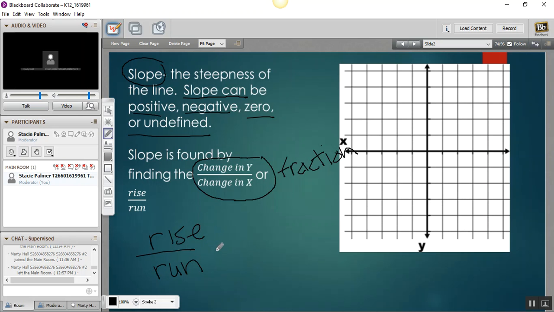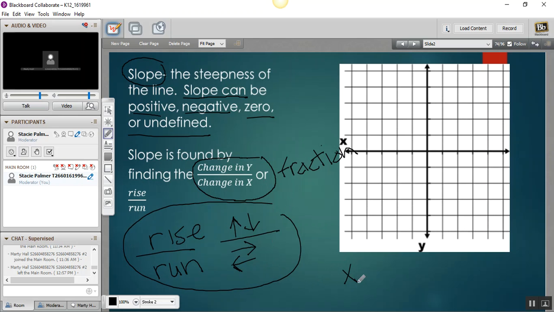We always find the difference in how we're moving up or down first. That goes on the top of our fraction. And then we find the change in how many we moved to the left or to the right.